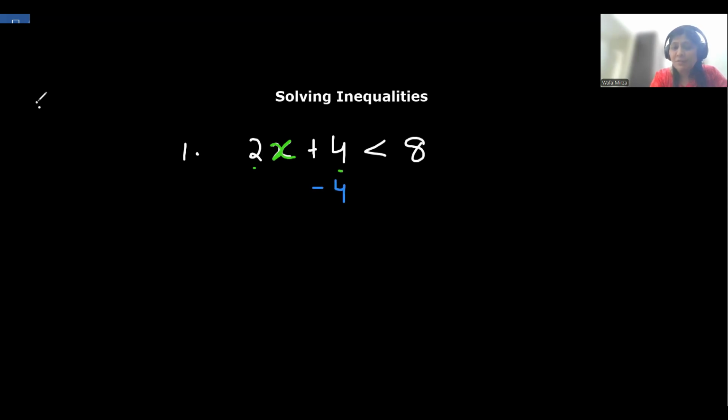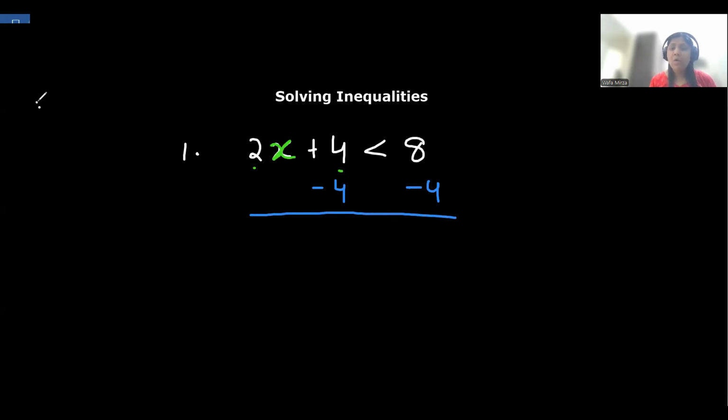I will subtract 4 on both sides of the equation. Right? Again, I will repeat. I want to find the value of x. So I want to get rid of this plus 4. For getting rid of this plus 4, I will subtract 4 on both sides of the inequality.